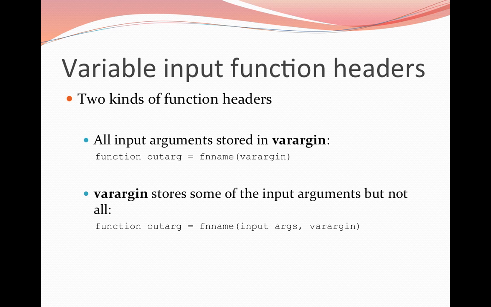So we could use var_argin to store all of the values that are passed to the function. Or, if we know that we're always going to get some input arguments, but we're not sure whether we're going to get others or not, we could build in the input arguments that we know we're going to get in the function header, and then we could use var_argin to store the rest of the things that are passed to the function.